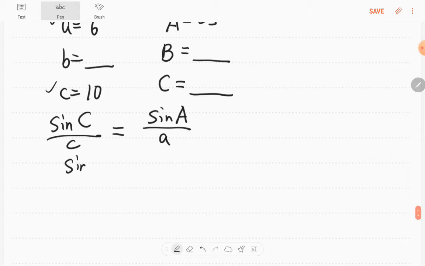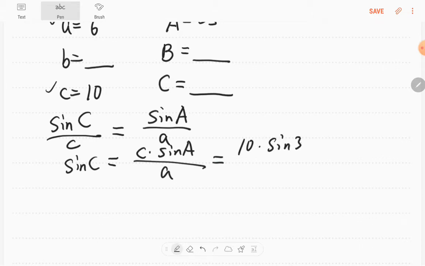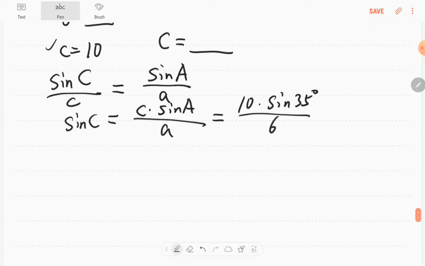So sine C is equal to, sorry, I should write one more step, C times sine A divided by the side A, which is equal to 10 times sine 35 degrees over 6. Okay, this sine 35 degrees is positive, so this is greater than 0, so that means you have two choices of C, right? Between 0 and pi, 180 degrees.